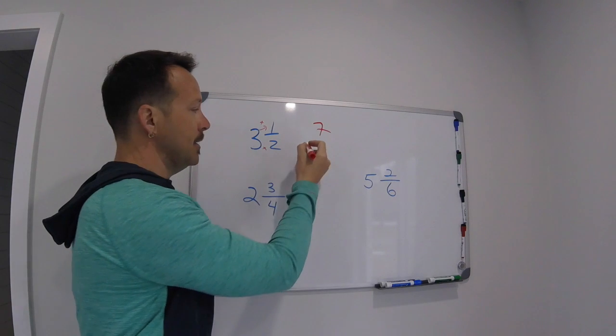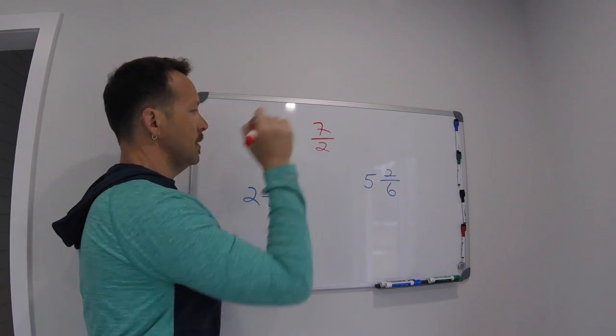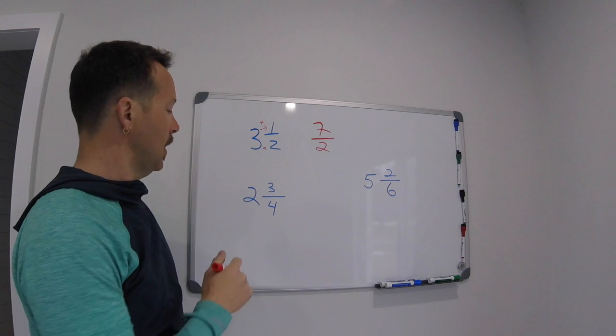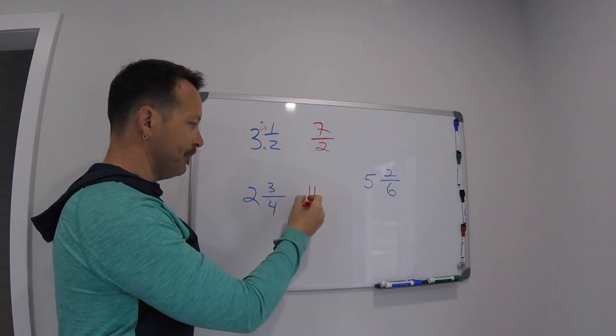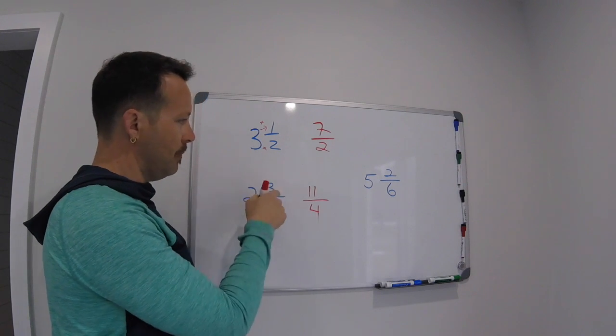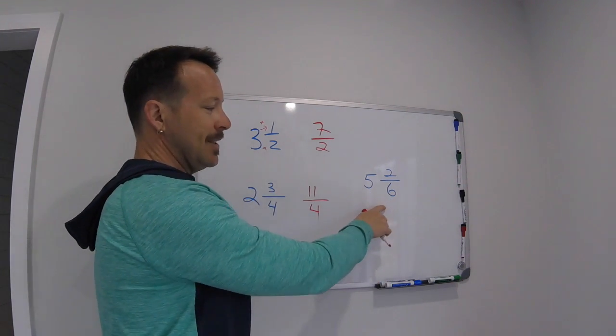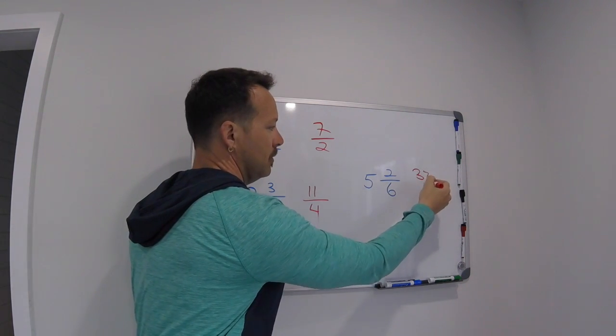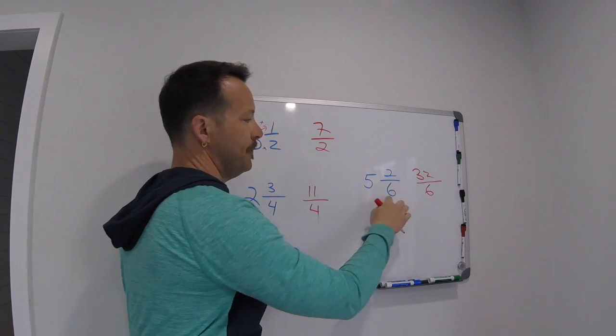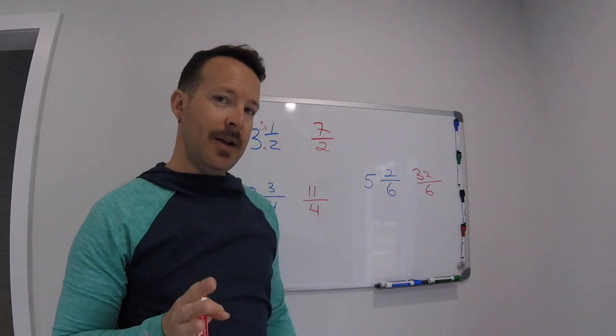The denominator stays the same. 7 over 2. 4 times 2 is 8, plus 3, 8, 9, 10, 11. 11 over 4. 6 times 5 is 30, plus 2 is 32 over 6. See how quickly that happens?